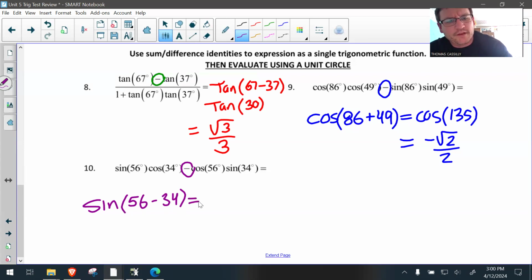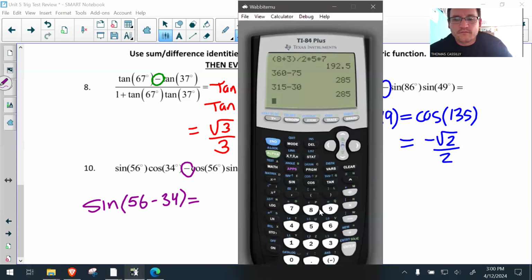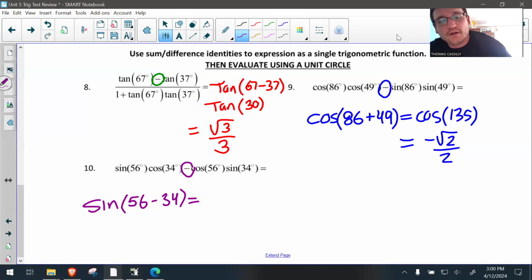Well, that's not going to be anything nice. What is 56 minus 34? 22. Great.